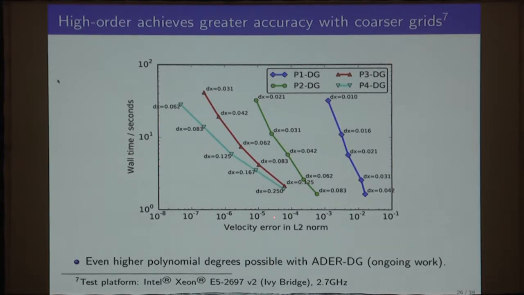Once again, if you want to adjust the dial, you say I want to solve to a particular accuracy. Let's say you choose 10 to the -5 velocity error L2 norm. Then you simply follow it up through here, and you can see that the quickest route to a solution is a fourth order scheme. You can read off what the element size is and the time.